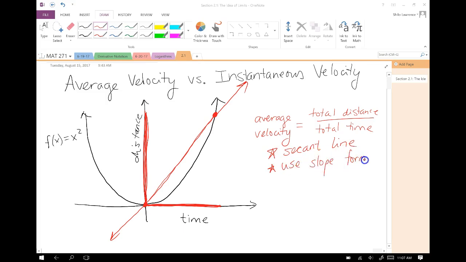Now, where this changes into calculus is if we just want to know instantaneous velocity. Instantaneous velocity is, again, if you think back to the driving analogy, if at one point in that driving trip we want to look down at our speedometer and see what exactly our speedometer says at that exact moment in time.